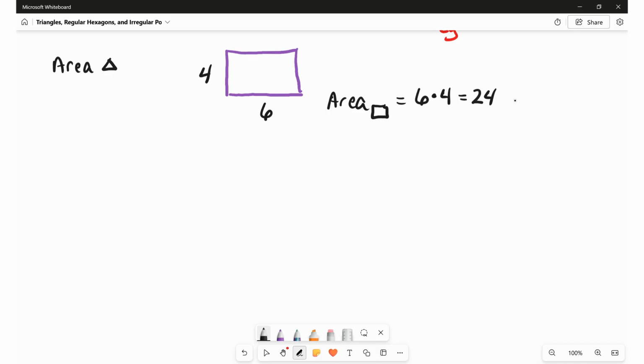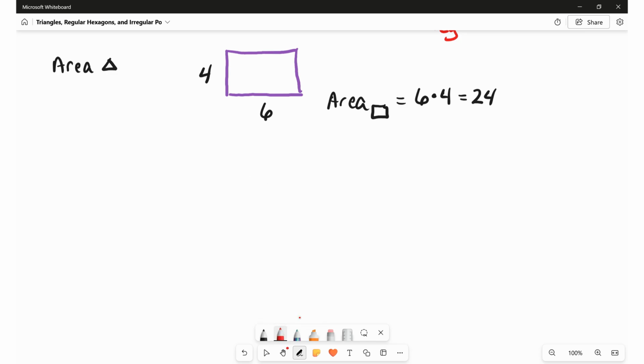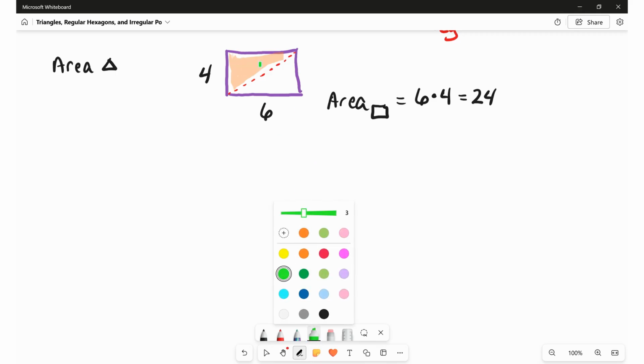So pretty easy, right? We remember that. Well, if you consider the area of a triangle, and how do we actually make a triangle? Well, if I were to draw this diagonal through here, look at what I've just created. So I've got this up here, and I've got this here.